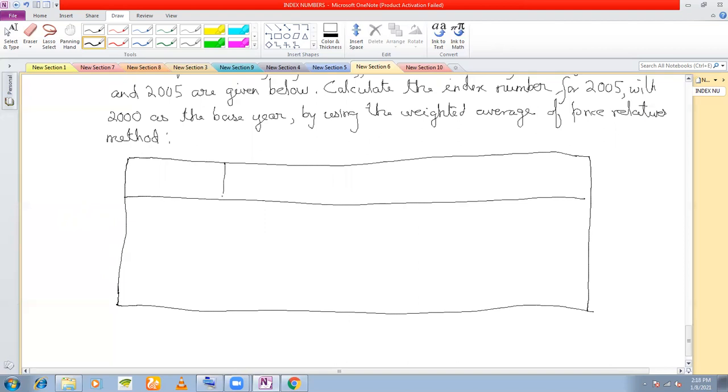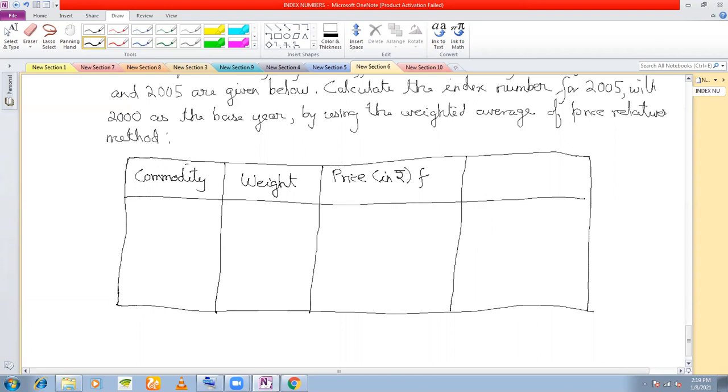You have four columns in the table. First column is for commodity. Second column is for weight. Third column is for price in rupees for the year 2000.